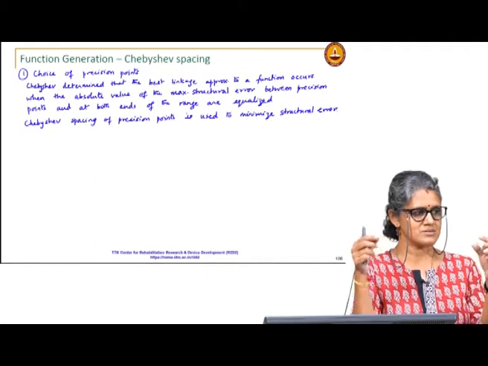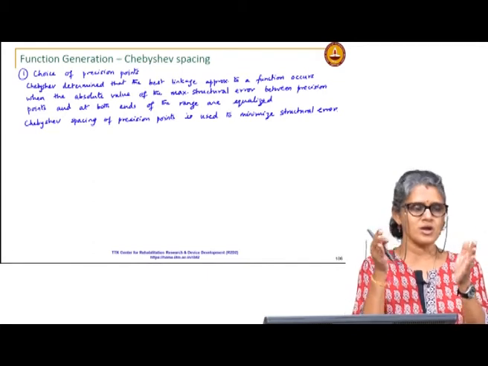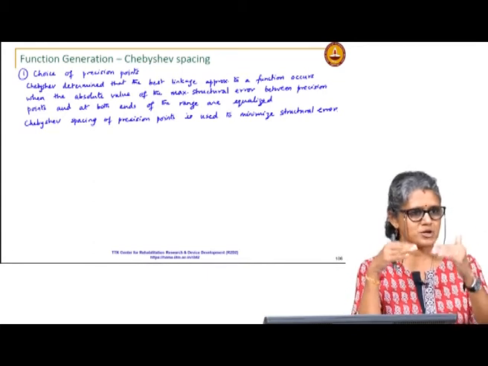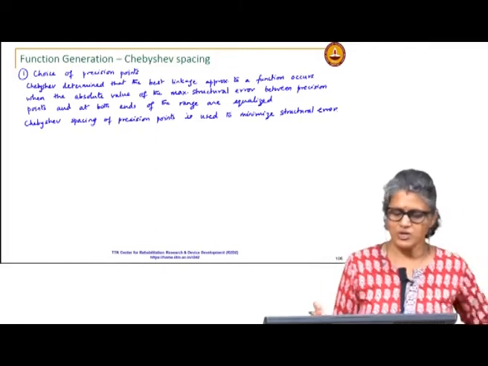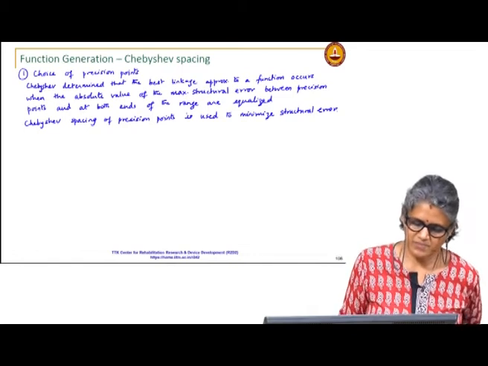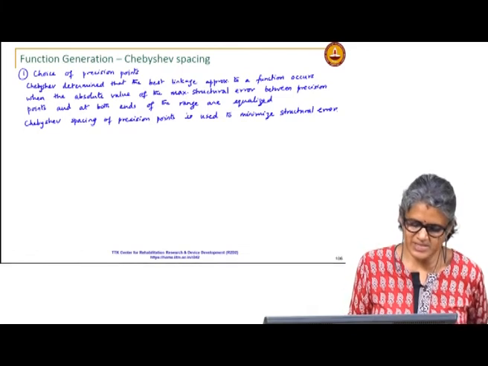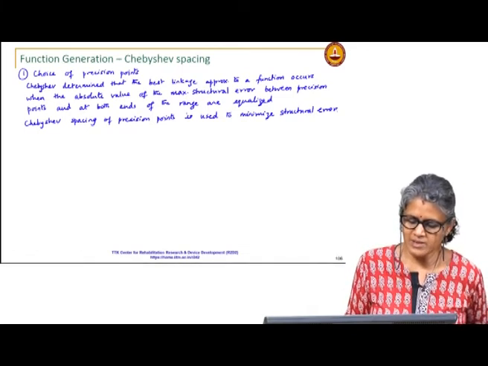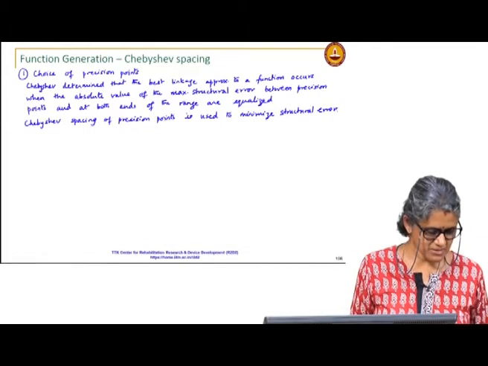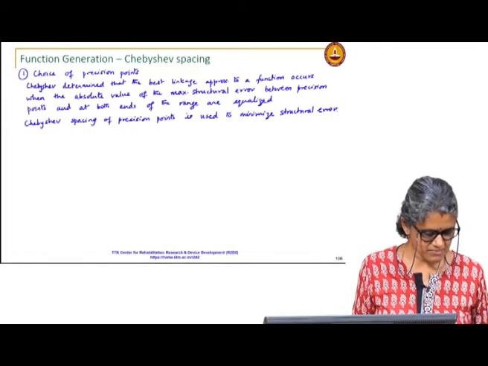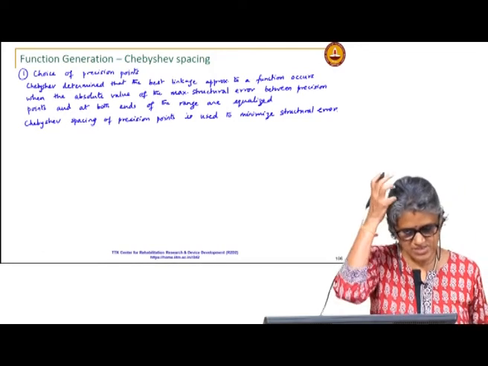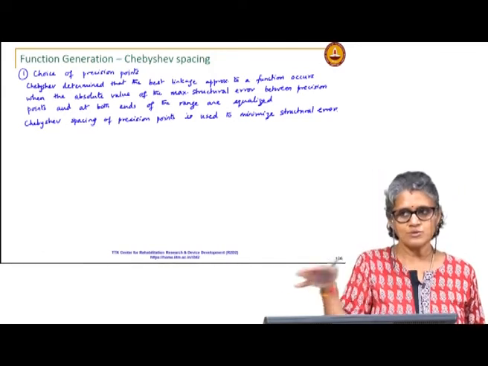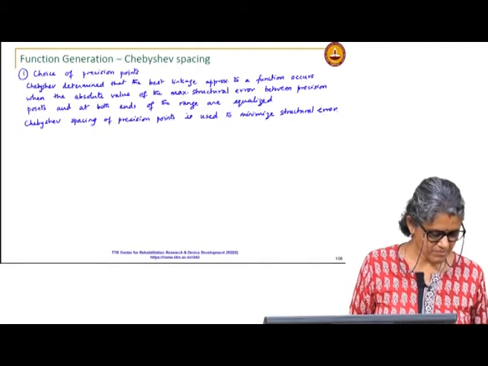After that you will start taking smaller intervals and try to minimize the error, but we will only look at this over the range that we are interested in. We will look at the spacing, the precision point spacing. So, it is actually an iterative process that may have to be performed in order to minimize the error.